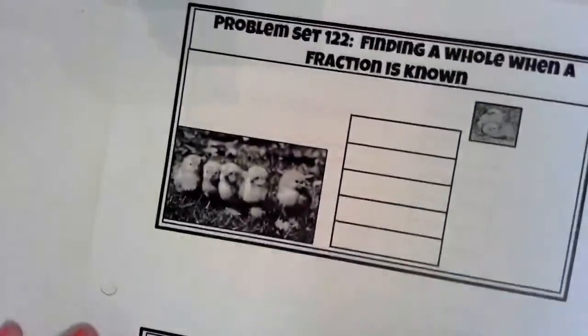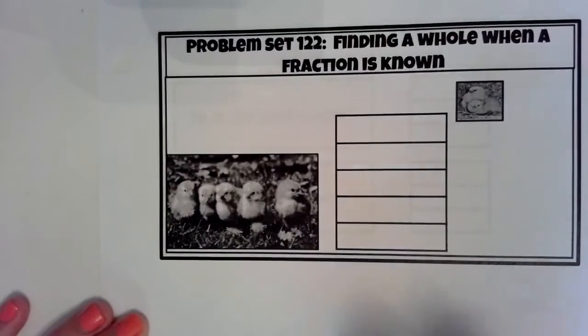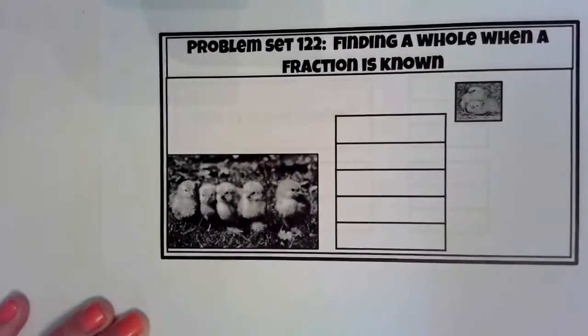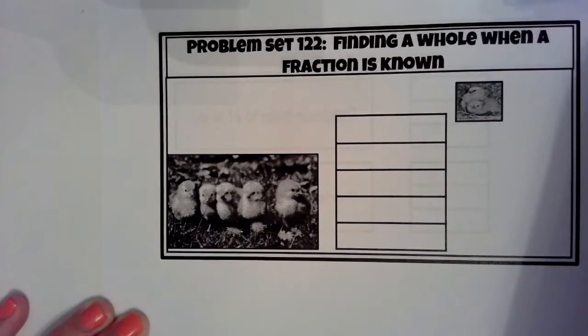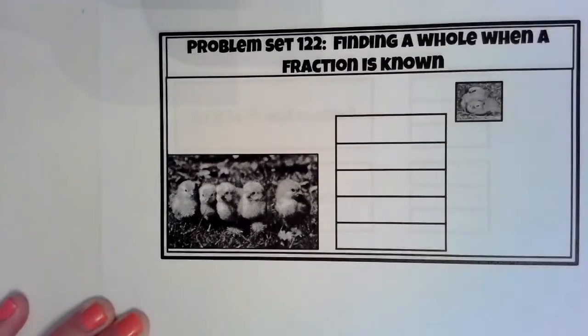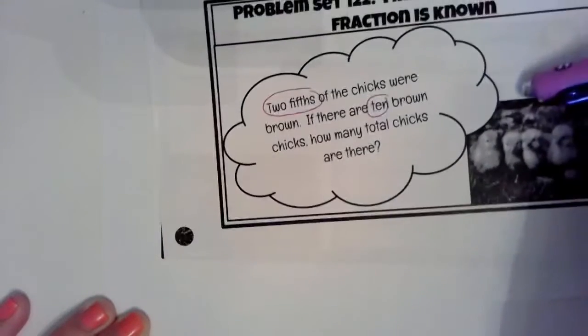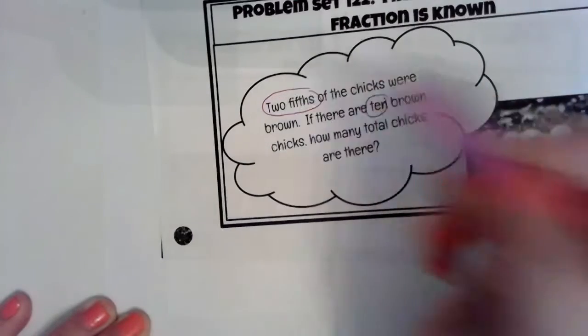We are going to use a table to help us figure this problem out. I encourage you to make these tables to help you with these word problems, but you may not always need them. Okay, so the first thing we need to do is look at our fraction, 2/5.